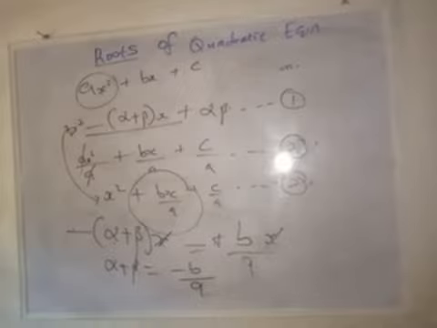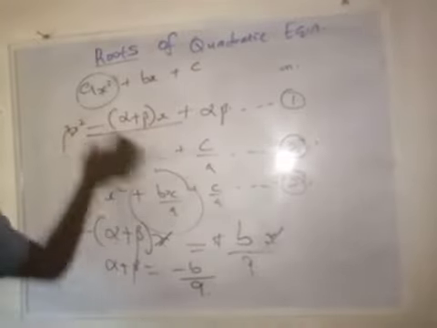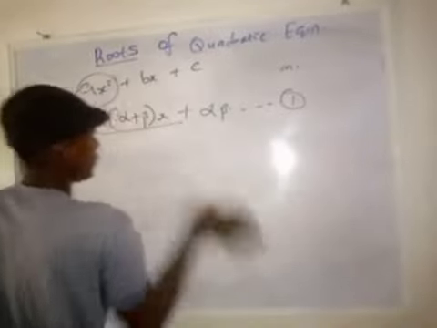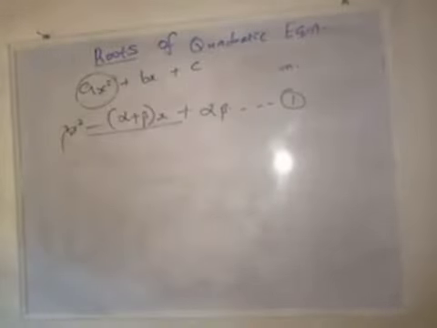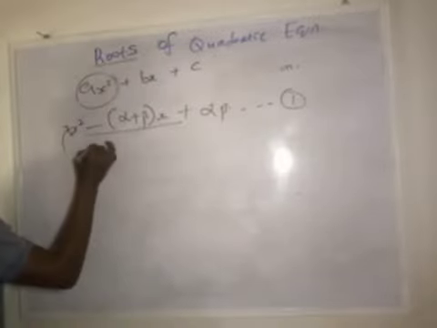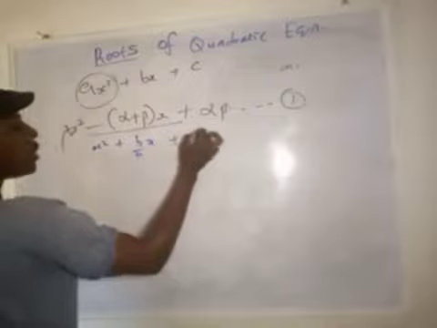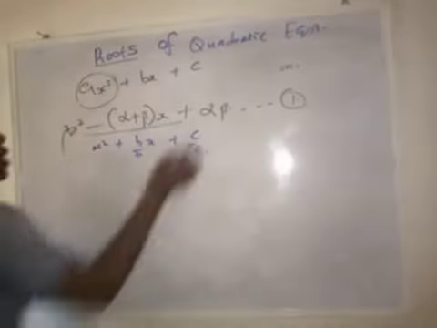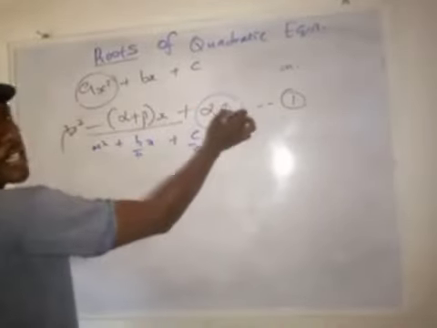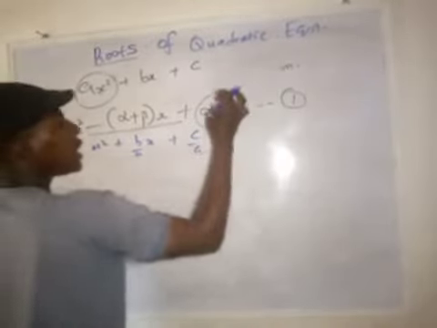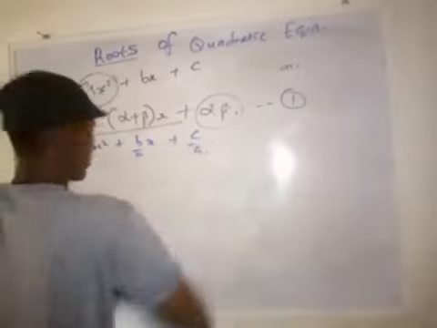Now let's look at the second expression here. Looking at this, x squared plus b over a x plus c over a, know that this is a coefficient of x, and this is also a coefficient of x. It simply means that I can equate this to this, right?